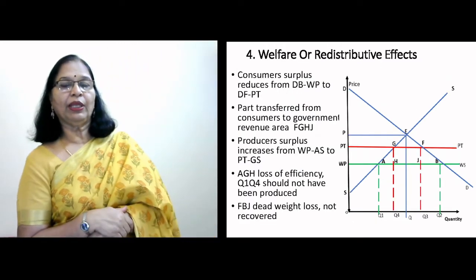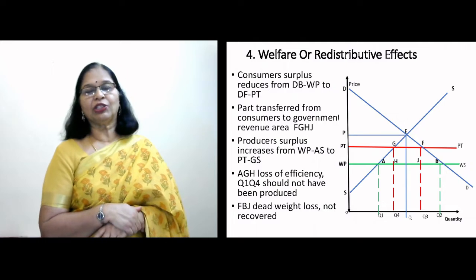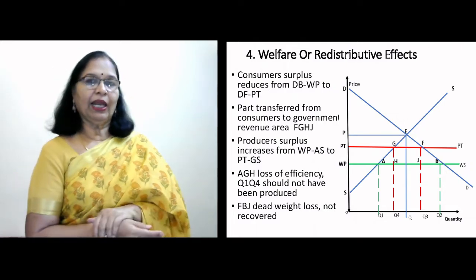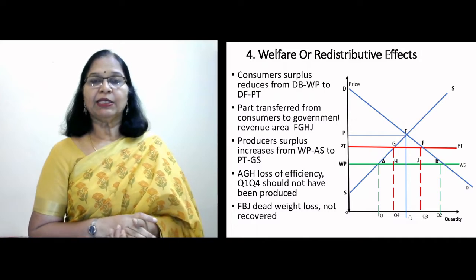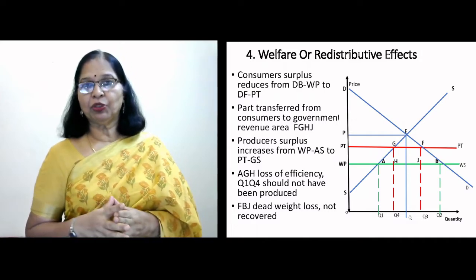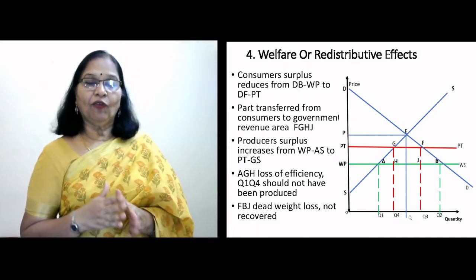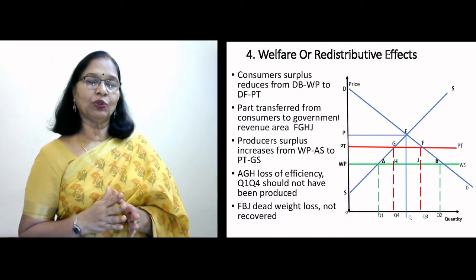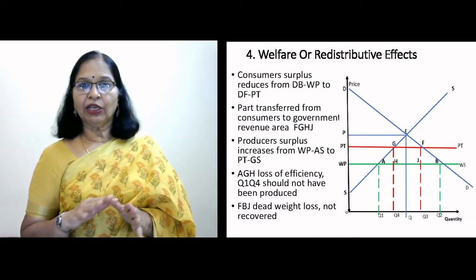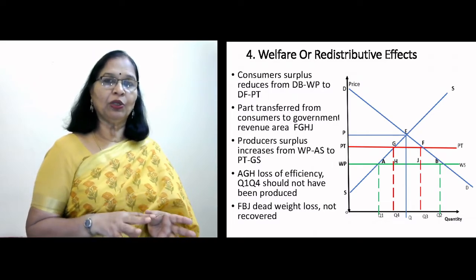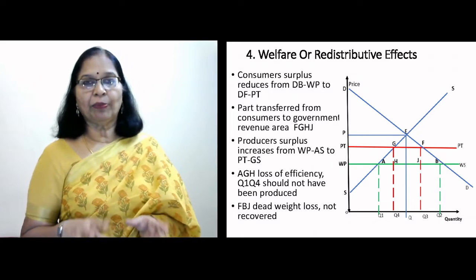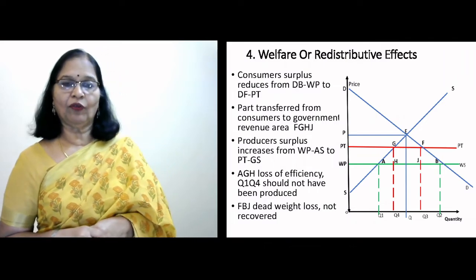There is also the welfare or redistributive effect. Partly I have explained it earlier, but to explain it again, it means that because of this imposition of tariff, the welfare effects are also altered, or there is a redistribution of welfare from the consumer to the producer that can happen because of the imposition of tariff.